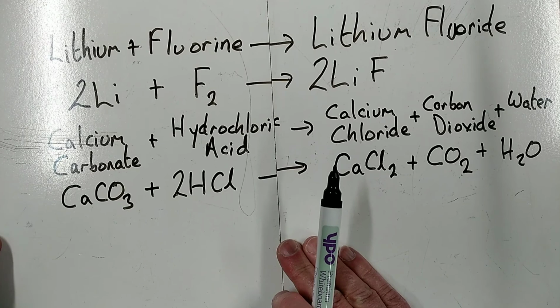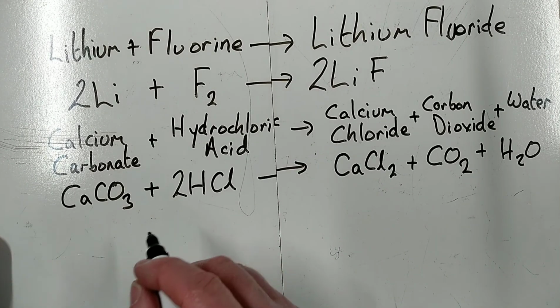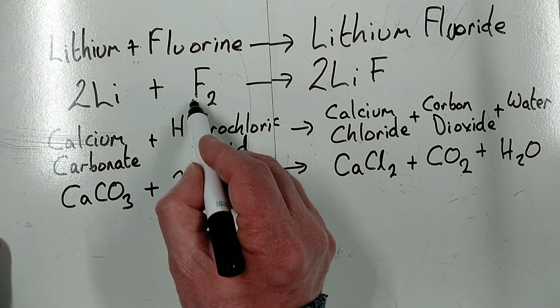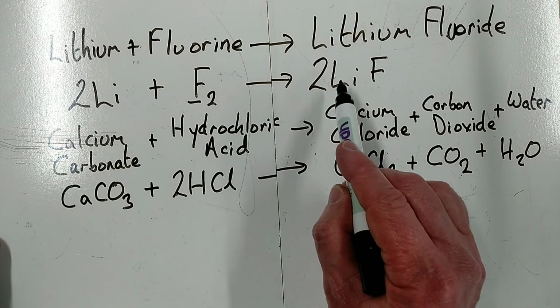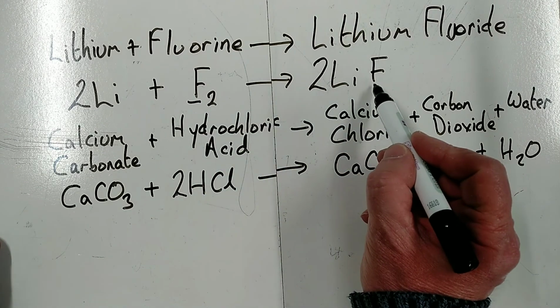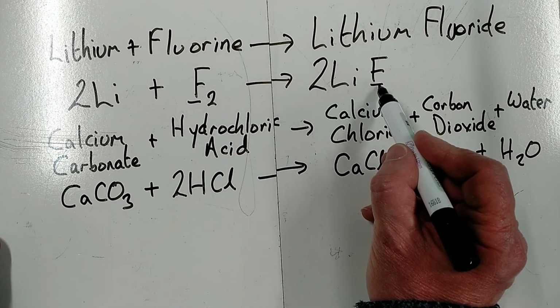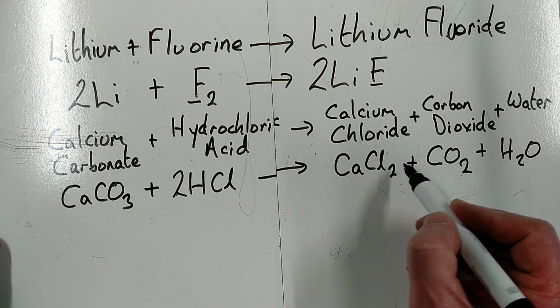The last thing I'd like to just mention here is the changes of the names. So, for example, this here is fluorine, but when it joins to the lithium, it is now fluoride. So fluorine to fluoride. Hydrochloric acid gives us calcium chloride.